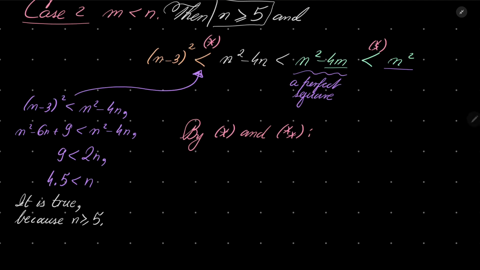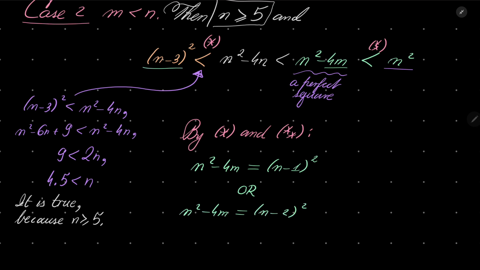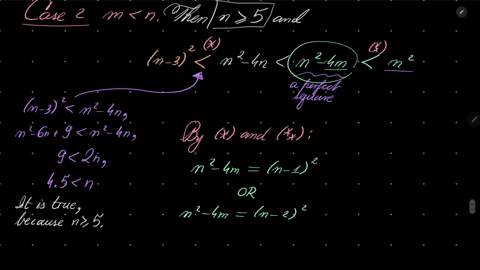Namely, n squared minus 4m equals either (n minus 1) squared or n squared minus 4m equals (n minus 2) squared. These are the only squares strictly between these two squares. This is what I mean by squeezing some number between two squares. That eliminates most of the possibilities.